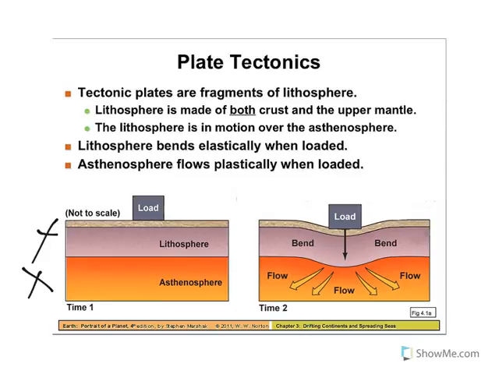Remember, the lithosphere is rigid and solid, and the asthenosphere is partially molten and can flow. So what's happening, right, is that our lithosphere is moving over the asthenosphere. And it's that interaction between the two that's going to give us plate motion.